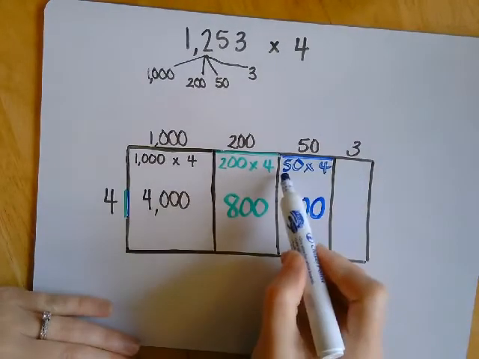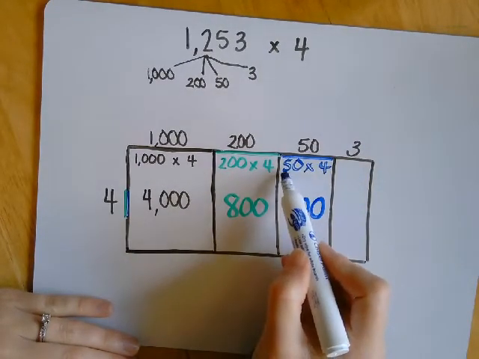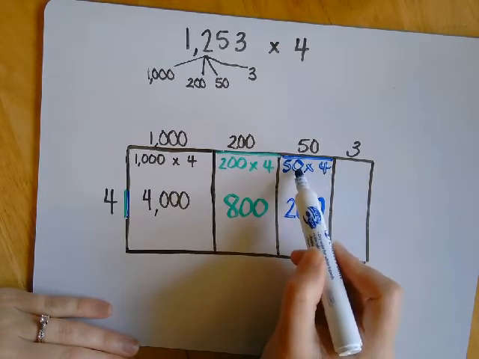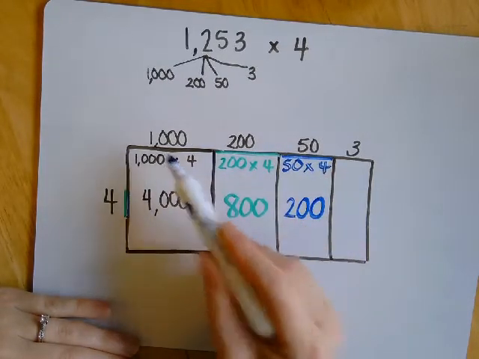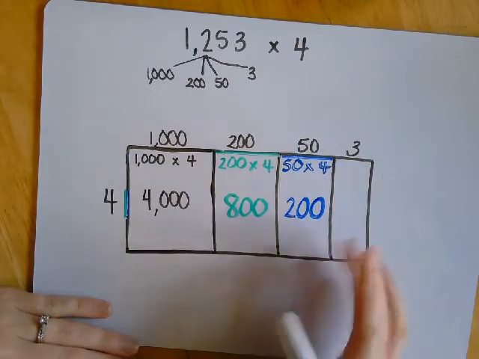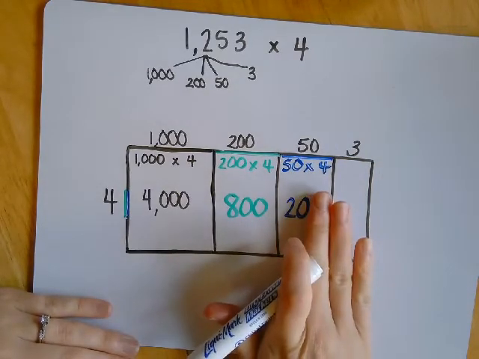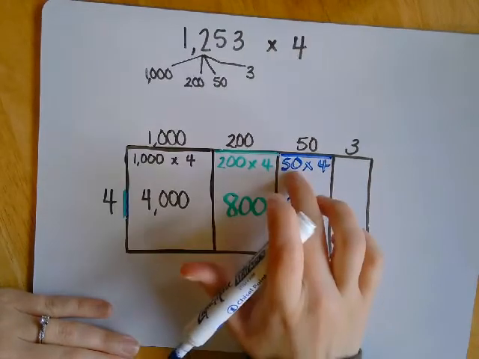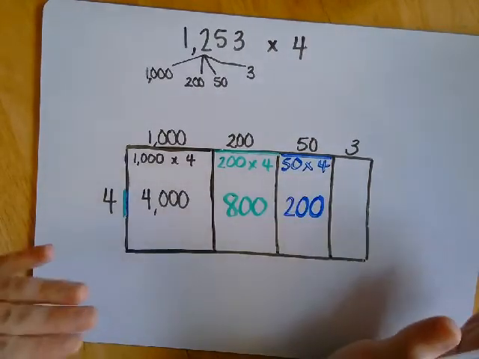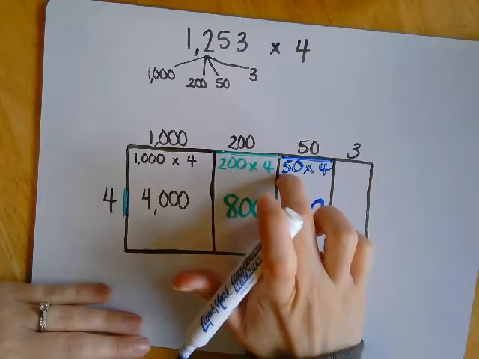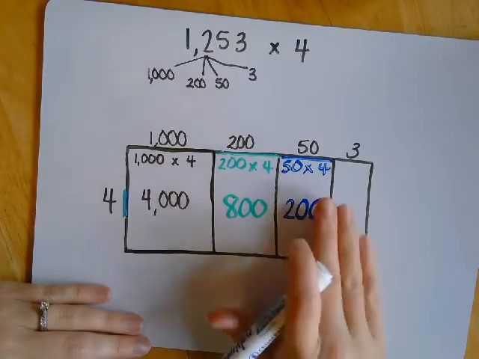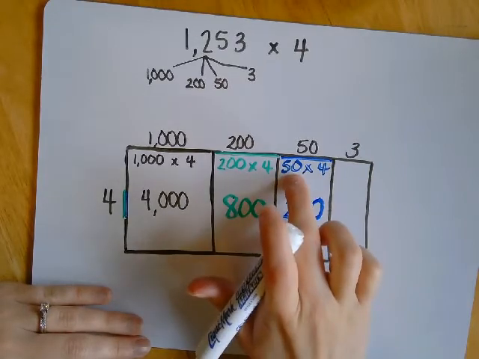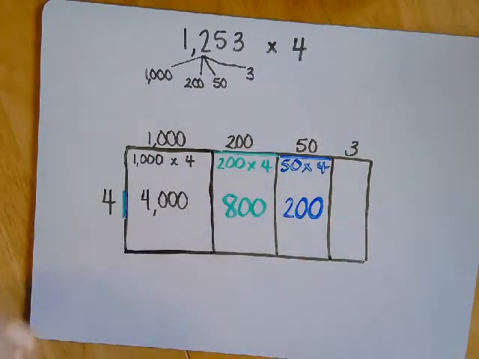So always do your math facts first, and then go back and make sure you are looking at what place value you are multiplying by, because I've seen plenty of people make the mistake of just leaving it as 20 because they see a 0 in the answer, a 0 in the problem, and they think they're done. But you need to check your math because we multiplied 5 times 4, which was 20, and we still need to add that extra 0 because we are multiplying by the tens place.